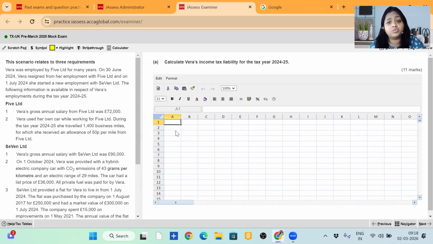Now, guys, you know that you have to calculate income tax liability. So, I always recommend doing parallel solving. So, I will write here and I will start my solution also parallelly. So, I will write here calculation of Vera's income tax liability for the tax year 24-25.